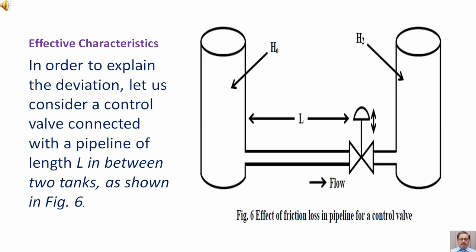In order to explain the deviation, let us consider a control valve connected with a pipeline of length L in between two tanks as shown in figure 6.